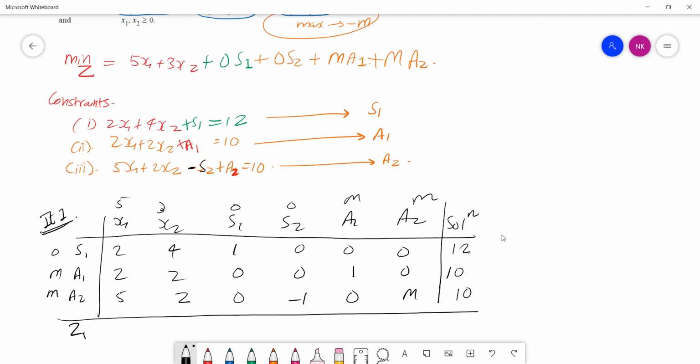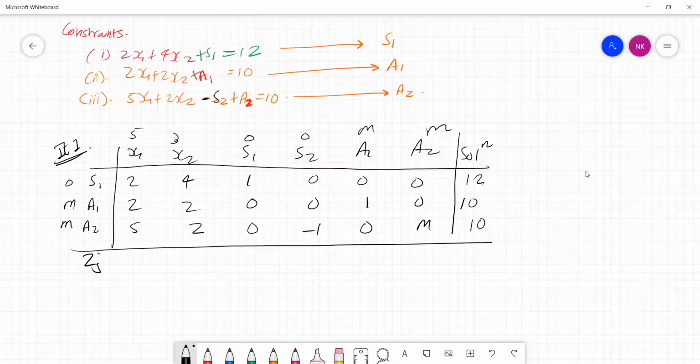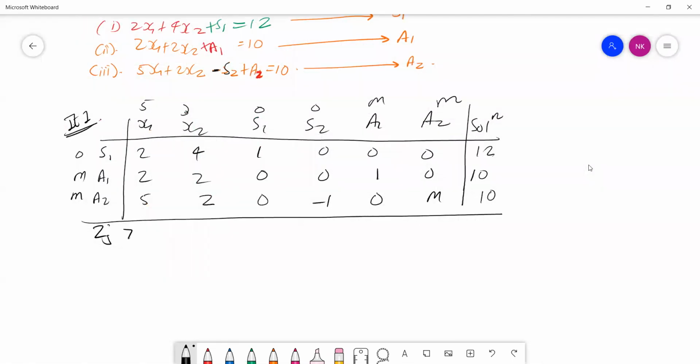Zj, for Zj it's 2 plus 5, 7M. For the second it's 2 plus 2, 4M. Over here it's 0, minus M, and okay, I just made a mistake, it's 1M, and 20M.